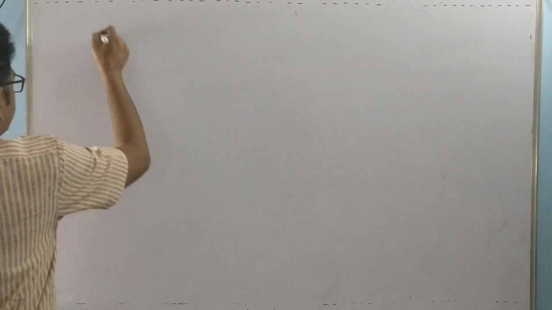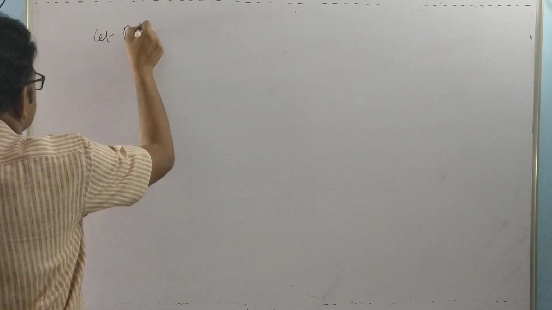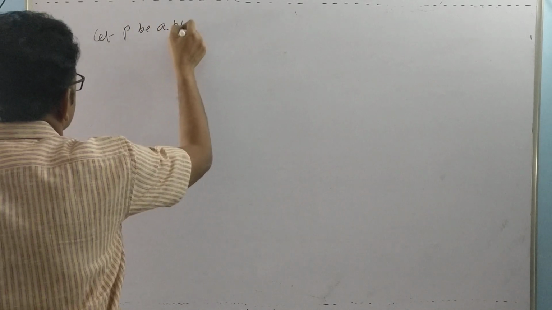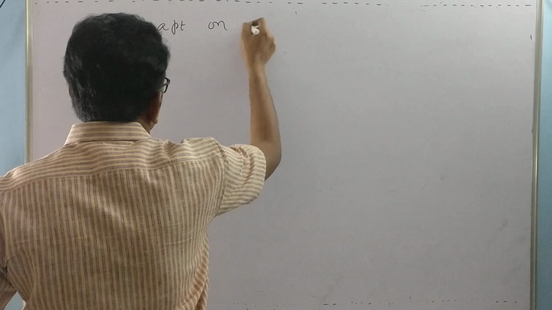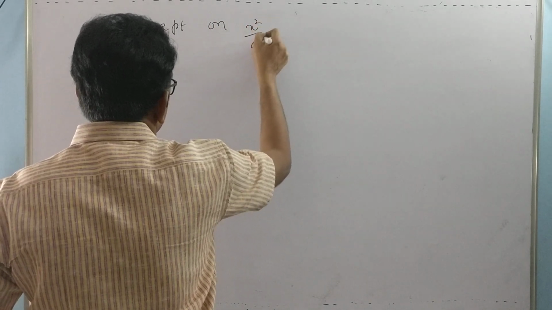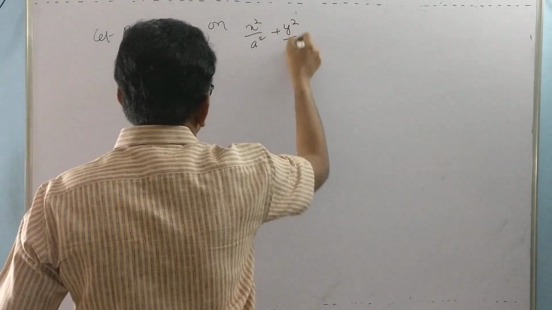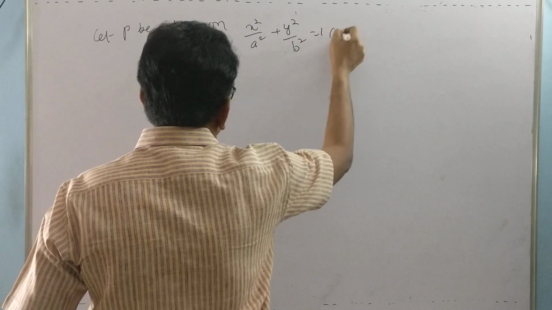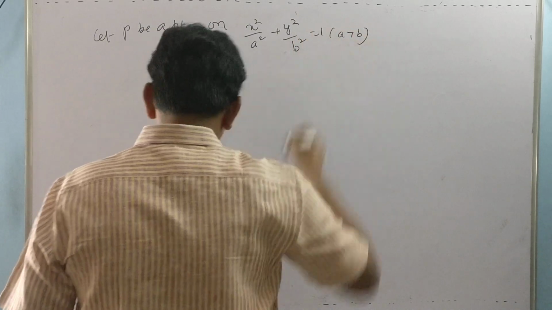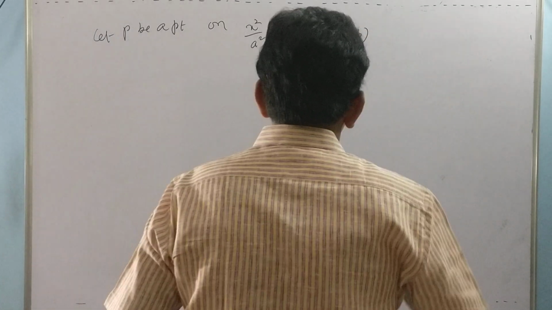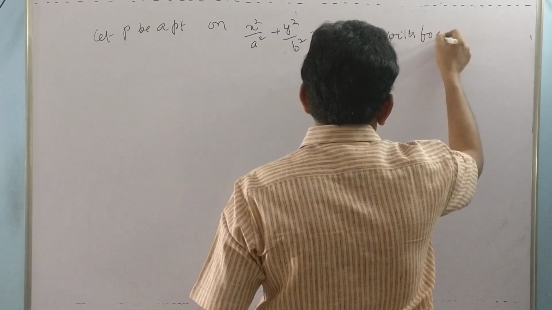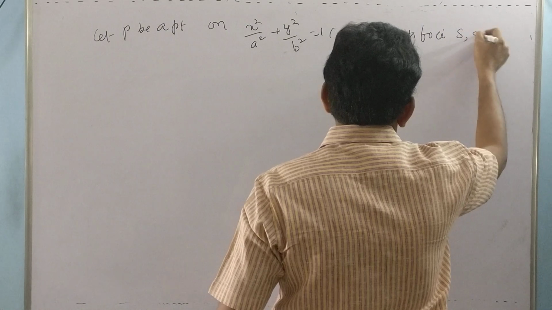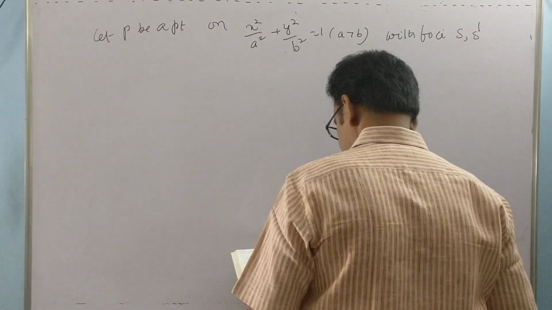Let P be a point on the ellipse x square by a square plus y square by b square equal to 1, where a is greater than b, with foci S and S dash.